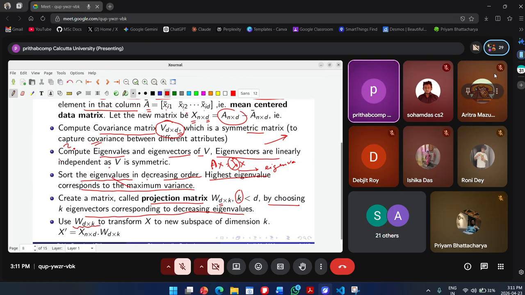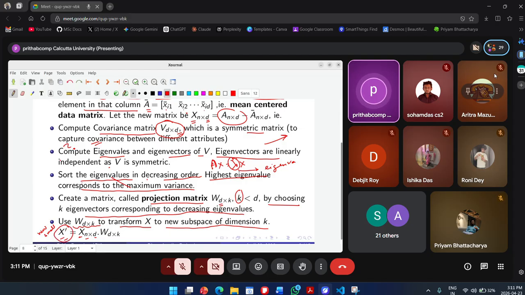We use this set of eigenvectors arranged in a projection matrix to transform X to a new subspace of dimension k. So X dash, our new dimension-reduced matrix, is nothing but X, n cross d, dot W, d cross k.